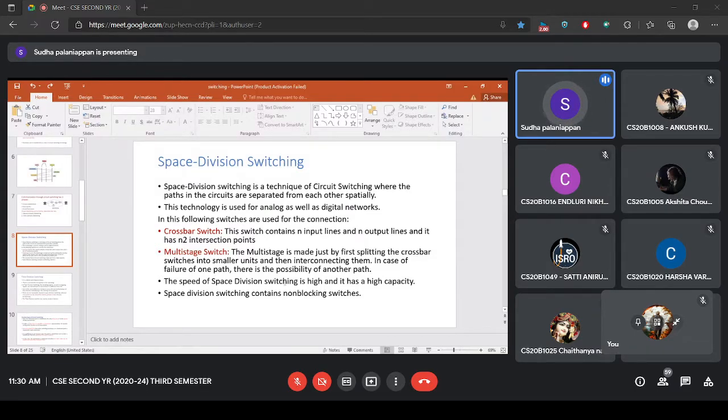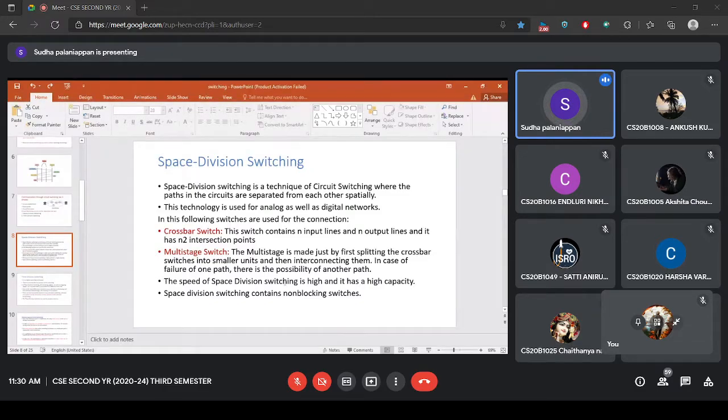So what is the advantage over crossbar switches? If any failure occurs in one path, there is the possibility of another path. That is the advantage. The speed of space division switching is high, it has a high capacity, and it contains non-blocking switches. What are non-blocking switches? Non-blocking means that if it is not deactivated, it always makes the connection.